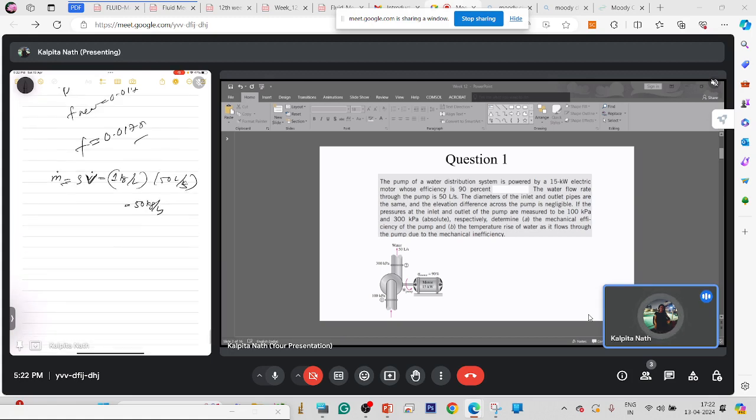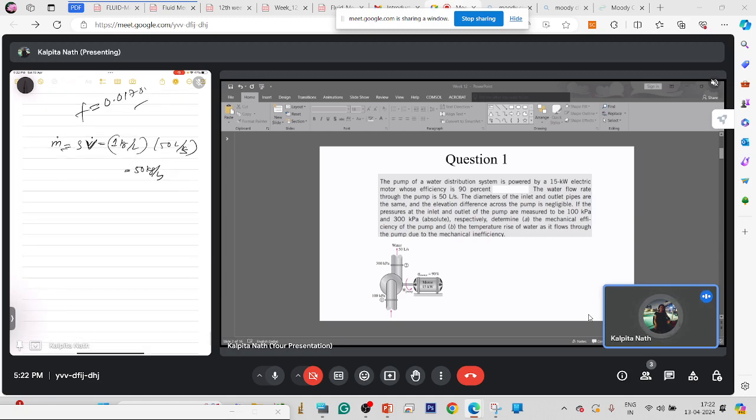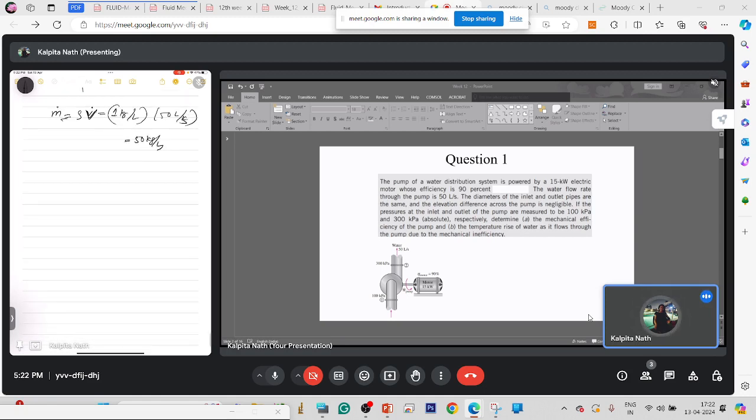Now the motor draws 15 kilowatt of power and it's 90% efficient. Thus, the mechanical shaft power that it delivers to the pump is eta motor into the electric power that is delivered to it, 0.90 multiplied by 15 kilowatt, that means 13.5 kilowatt.